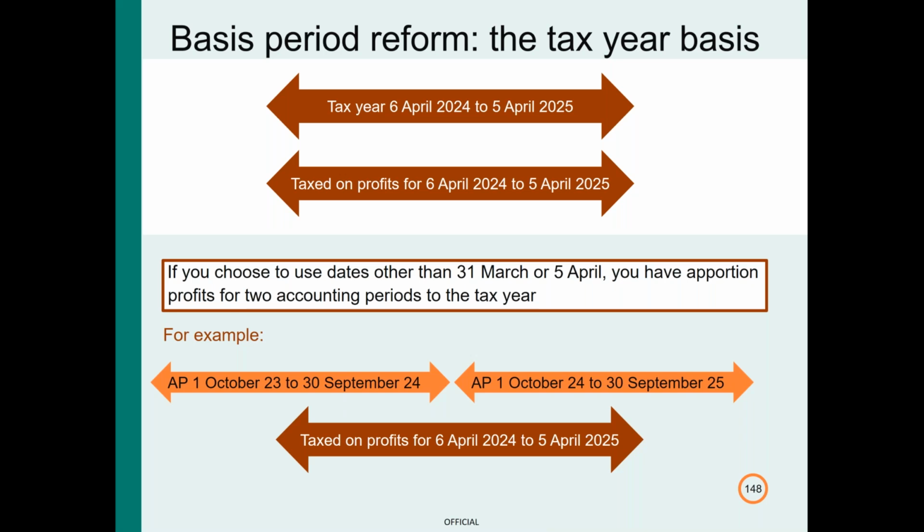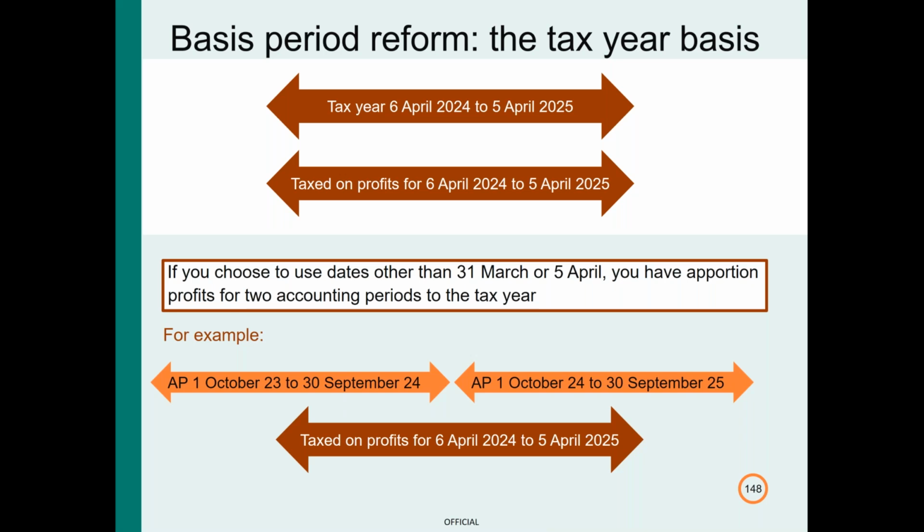Many businesses find it easier to prepare accounts to the 31st of March or the 5th of April from 2024 onwards. This may make completing the tax return simpler, as there will be no need to use 2 sets of accounts to complete each tax return.